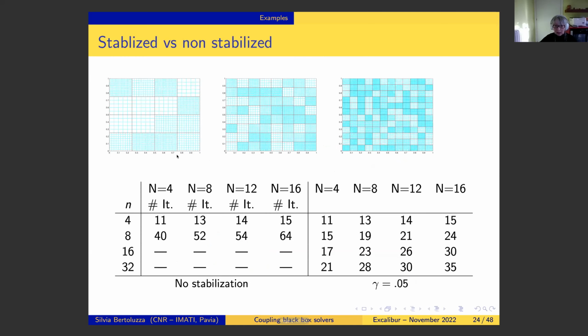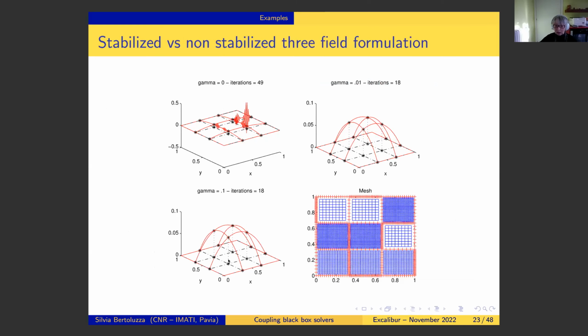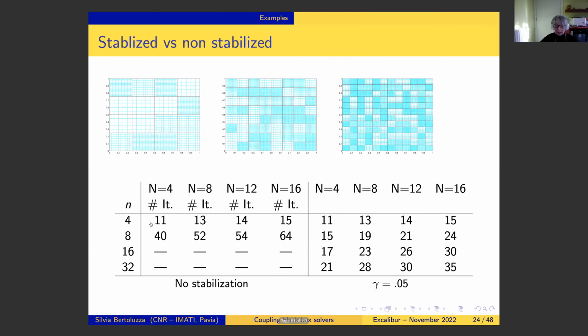And then the idea is that you can add some kind of stabilization. And here we have, on these different meshes, the comparison between unstabilized and stabilized method. The stabilized method is the one that gives you these other two solutions. And you can see, for the non-stabilized method, n is the number of nodes per edge of the discretization of the multiplier.